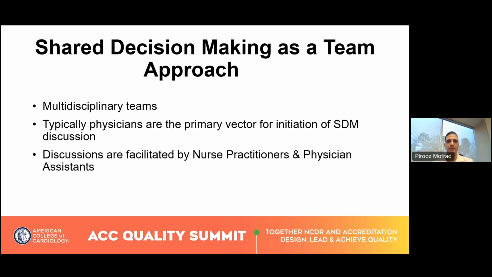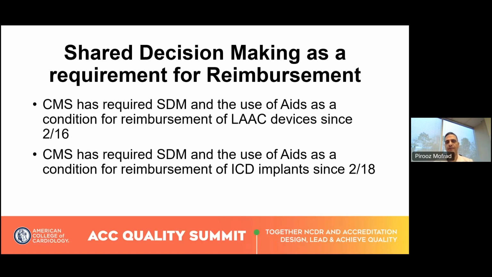So typically physicians are the vector for initiation, at least, of the shared decision making. And then these can be facilitated and taken over by nurse practitioners, physician assistants as well. It doesn't matter who, but it is a team approach that can be designed for every institution or every practice.